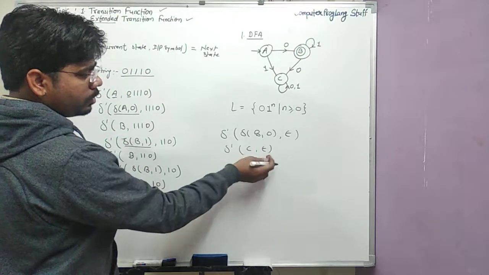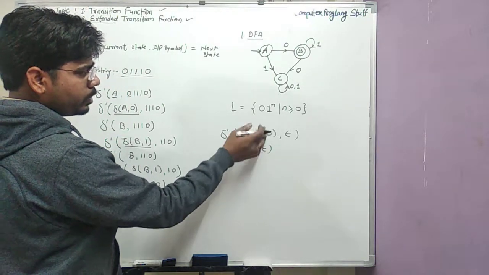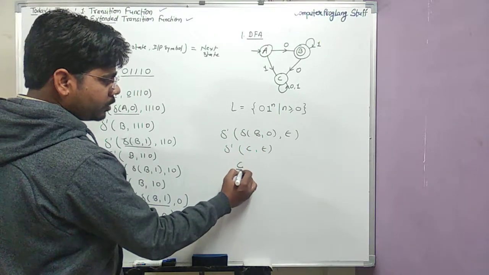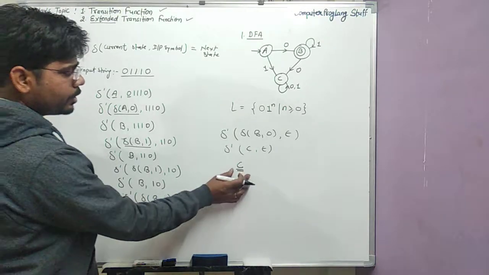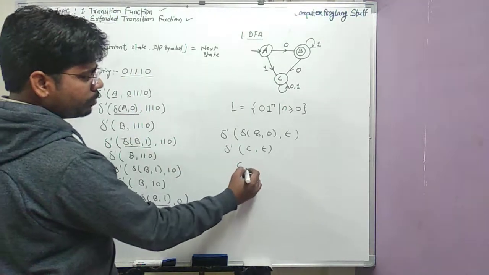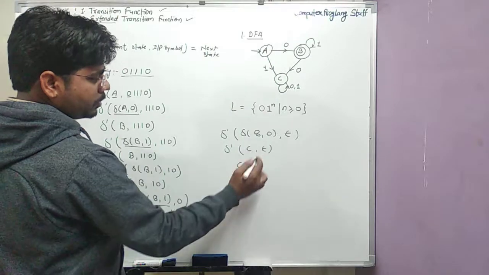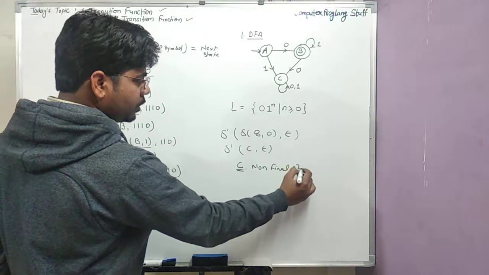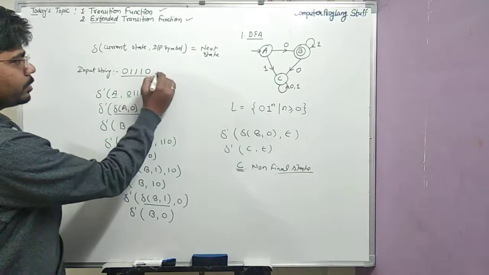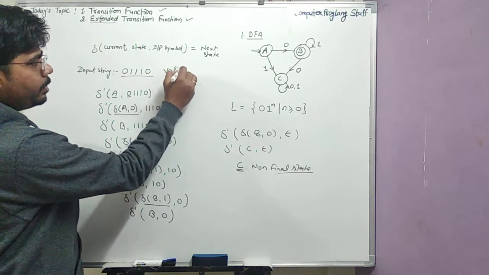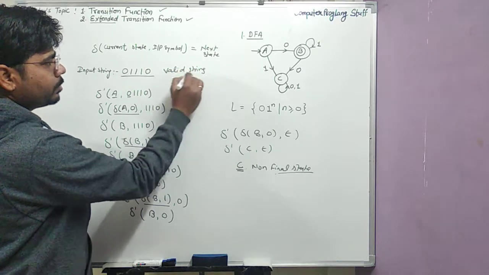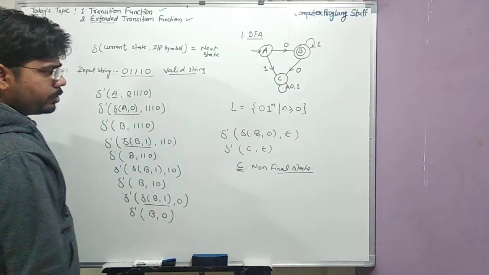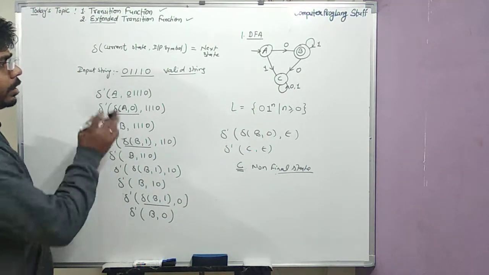From C we are not doing any transition, that is epsilon, so at that stage you will finally get C. So the final state after scanning the whole string is C. And in the diagram, C is a non-final state. That means the given string is not a valid string, or you can say this string is not a part of this language.